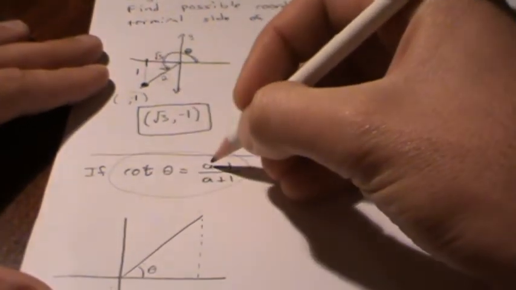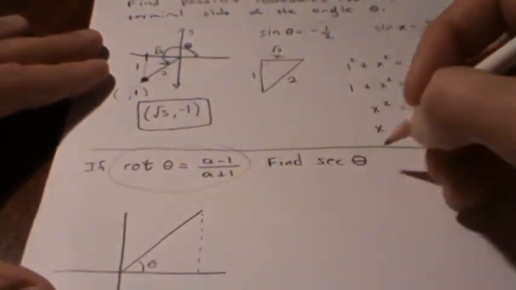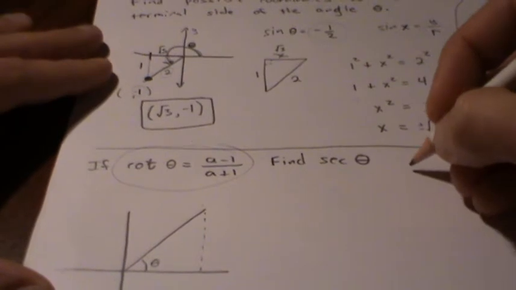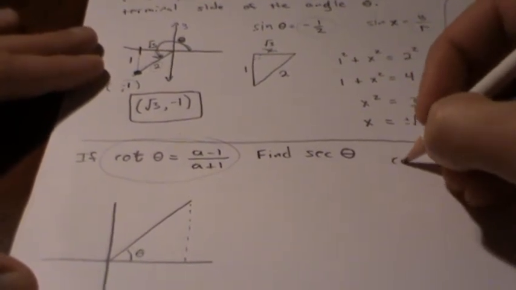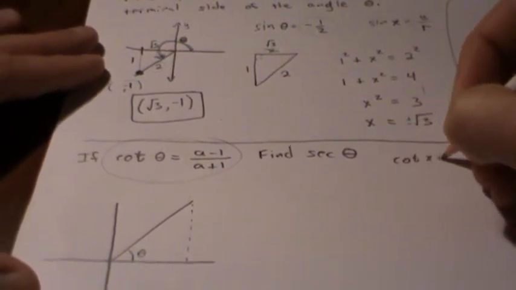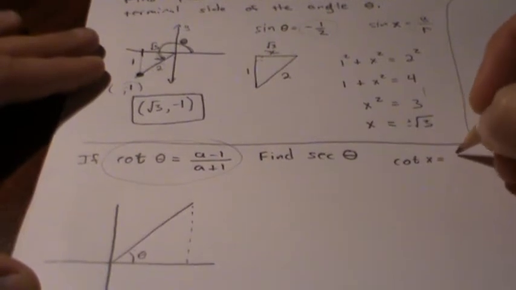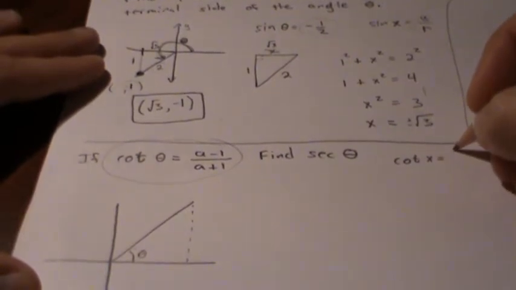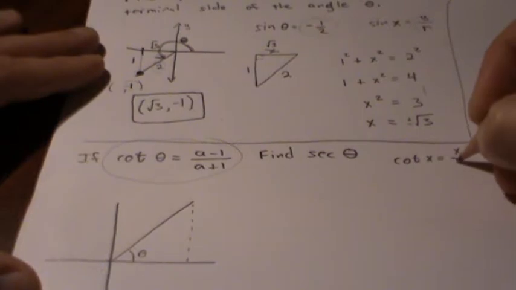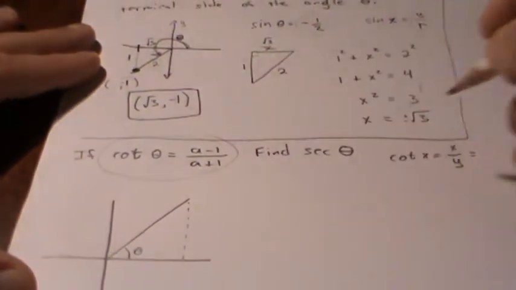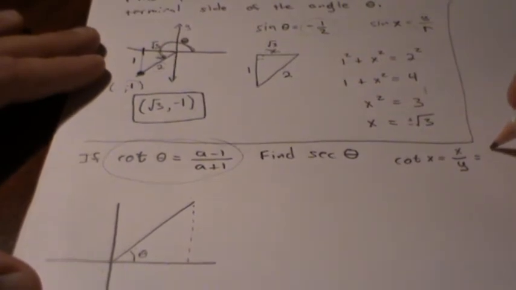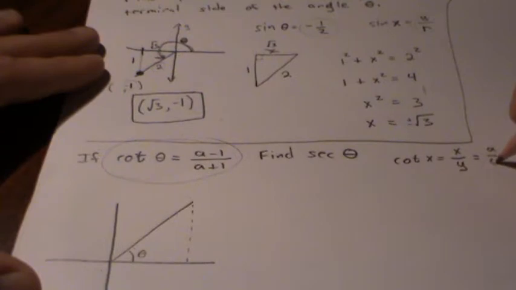and since I know that the cotangent of an angle is equal to the x coordinate over the y coordinate, or you can also think of it, if you just look at a triangle, as the adjacent side over the opposite side.